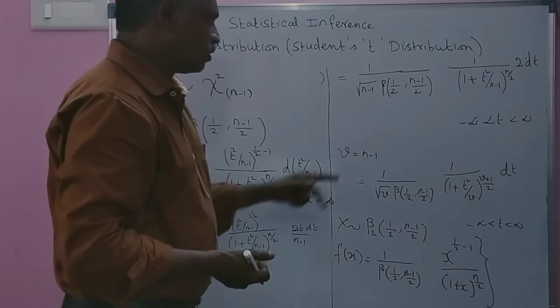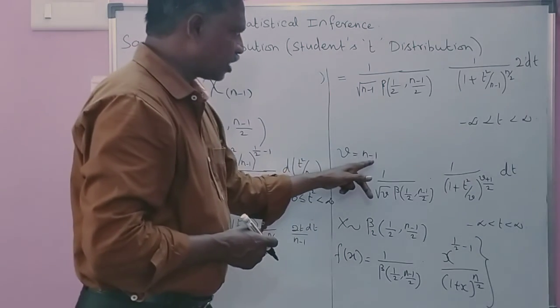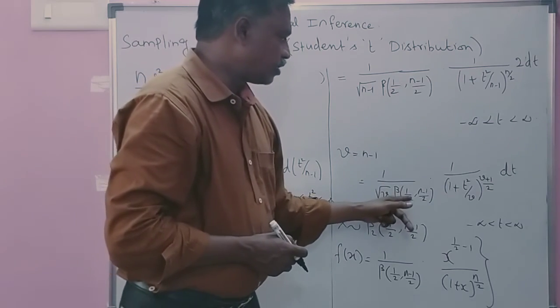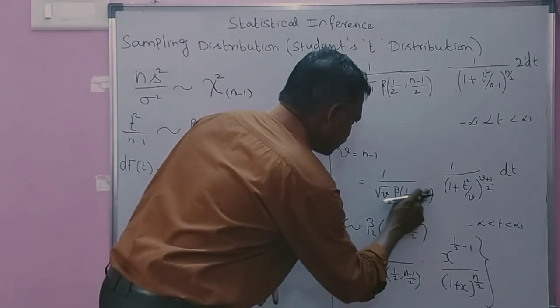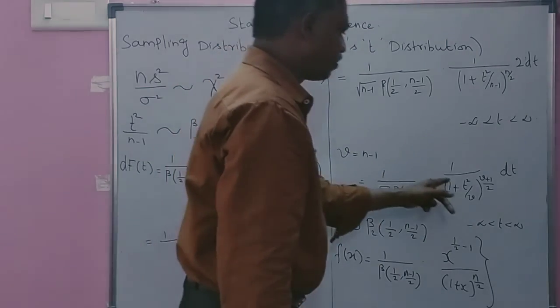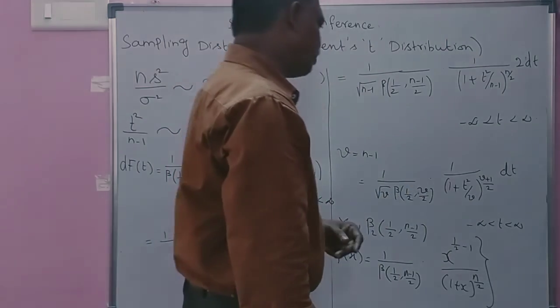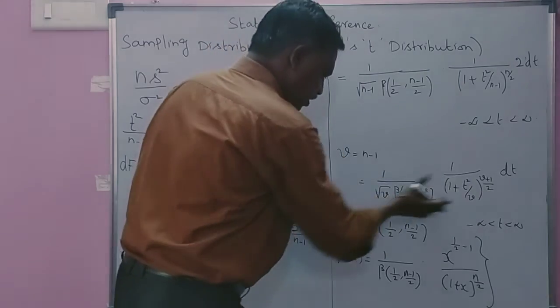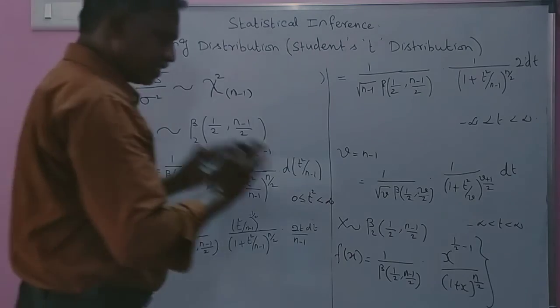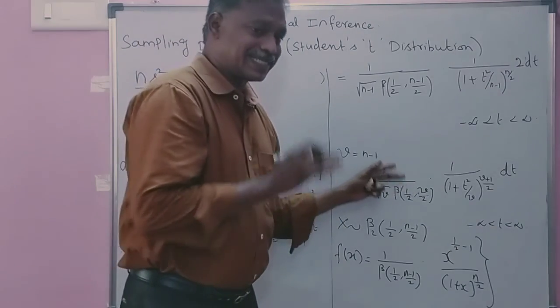So if you put v equal to n minus 1, this will be 1 by (root v beta of (1 by 2, v by 2)) into 1 divided by (1 plus t square by v) power (v plus 1) by 2. So this is the probability function of t square by n minus 1, that is the probability function of t.